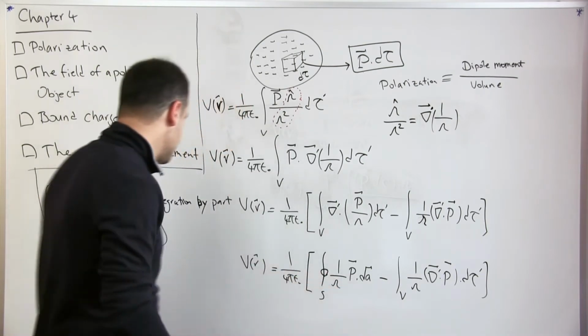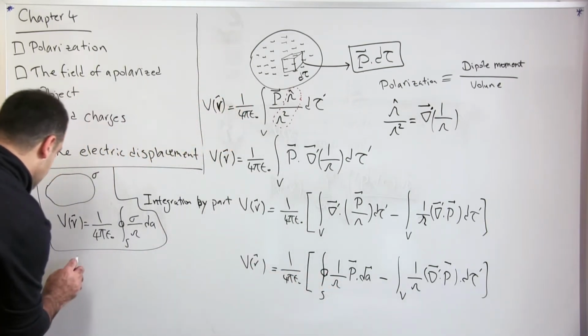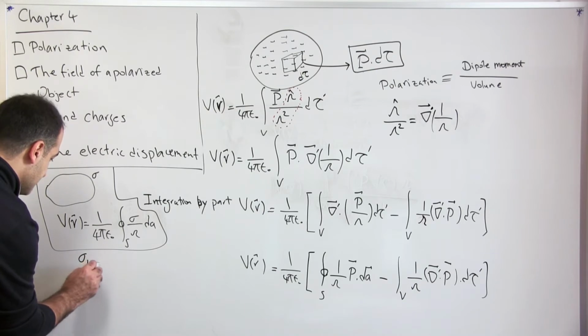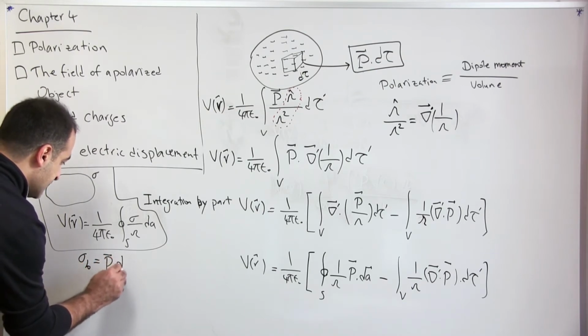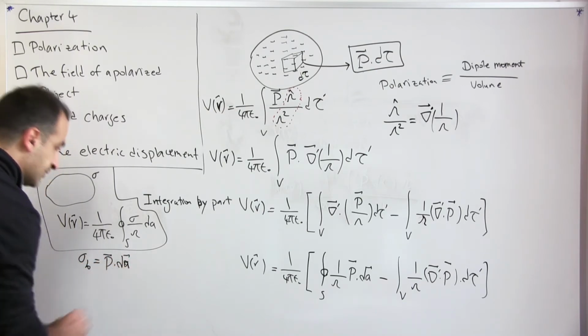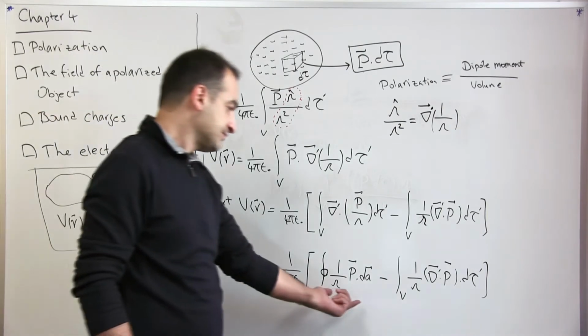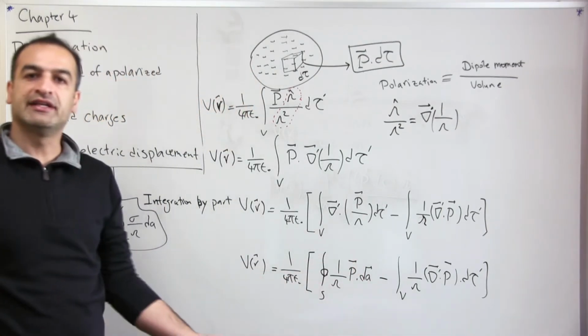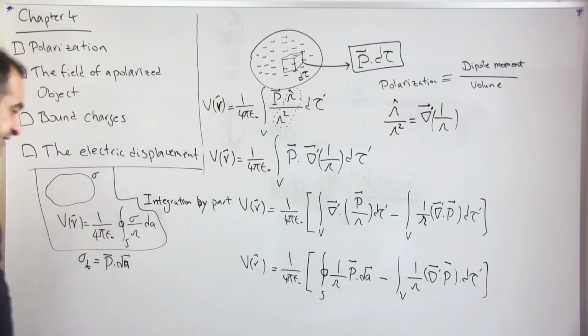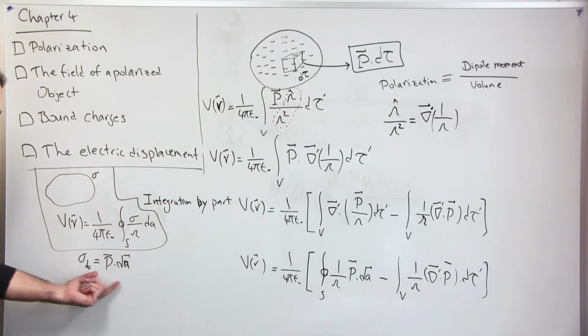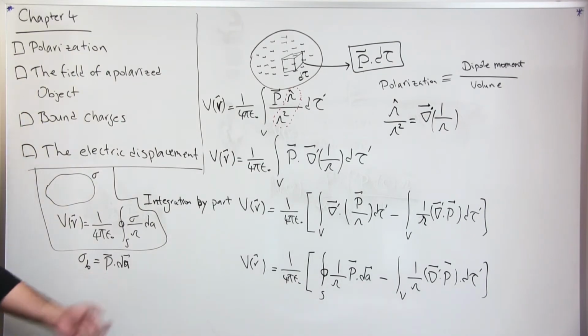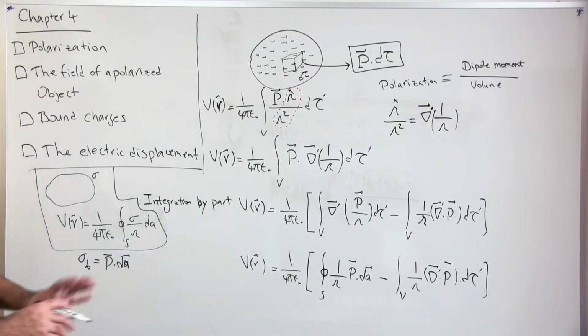And that surface charge I'm going to define as sigma b being equal to P dot n-hat. So the first term looks like a potential created by a surface charge, where the surface charge sigma b is the polarization dotted with the surface element. Mathematically these are equivalent to each other.